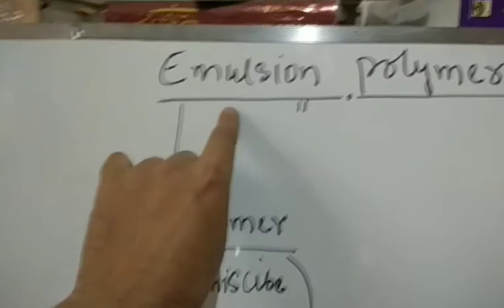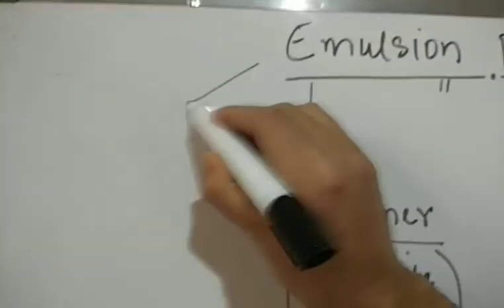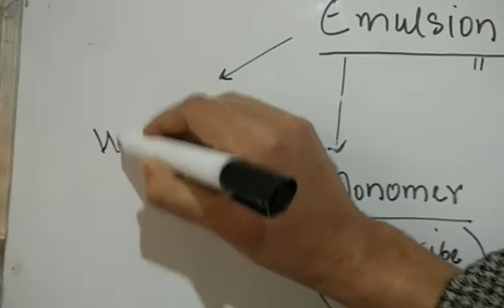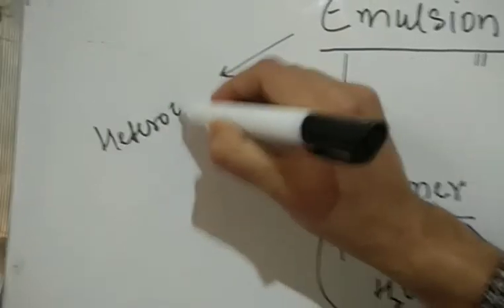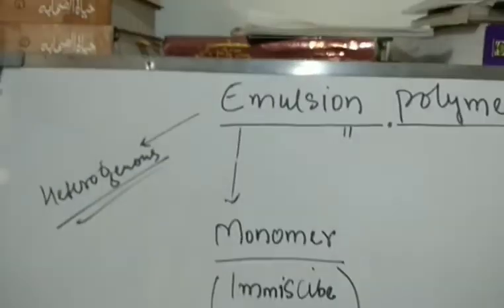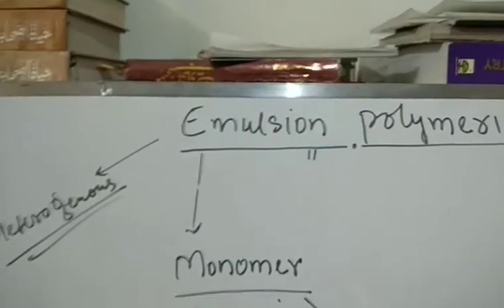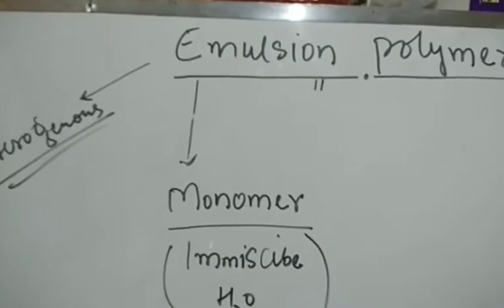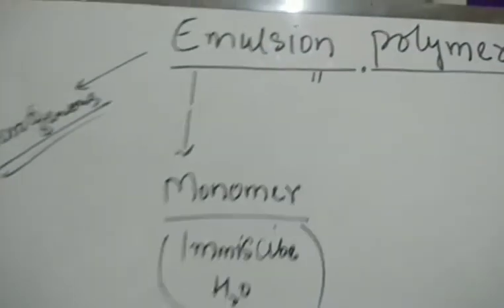So emulsion polymerization is another example of heterogeneous polymerization. जिस तरह से last वाला जो topic था, that was the suspension polymerization, that is also an example of the heterogeneous polymerization.